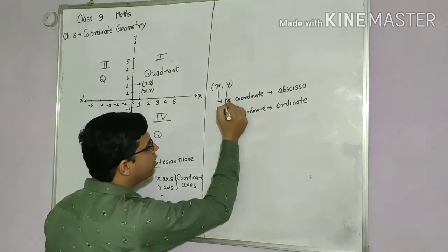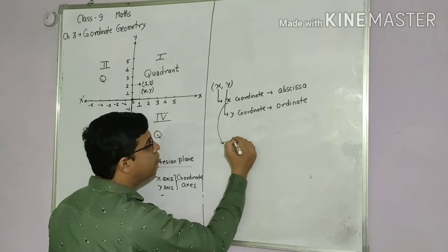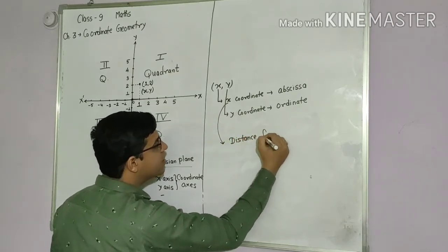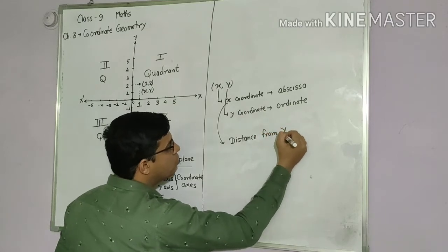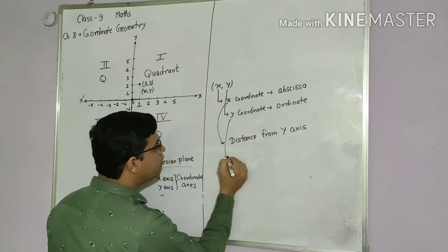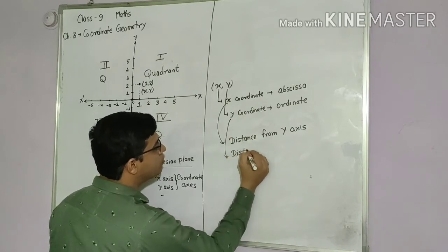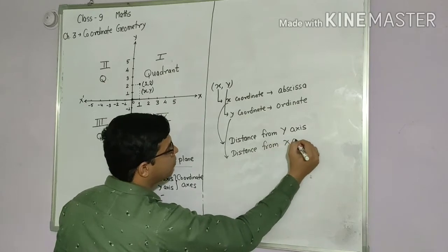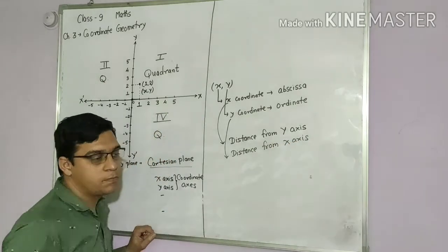And remember one thing, x coordinate means distance from y-axis and y coordinate means distance from x-axis.